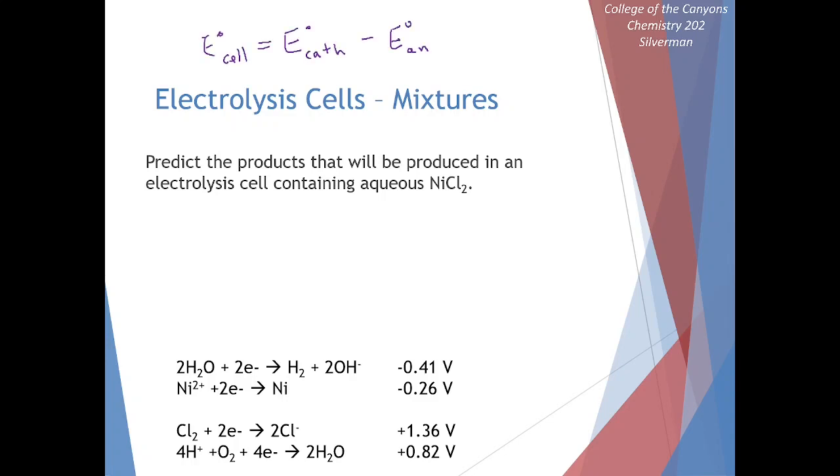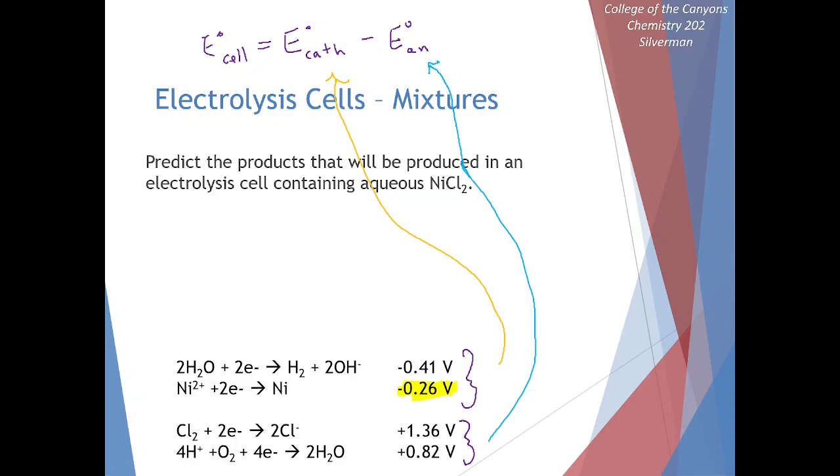Our cell potential is going to be based on our cathode minus our anode. For our cathode, we have two choices. To build our most positive cell potential, we're going to have to reduce our nickel. At our anode, again, we have two choices. We're subtracting this potential, so we want to choose the smallest value.